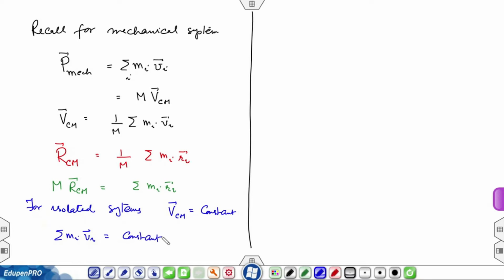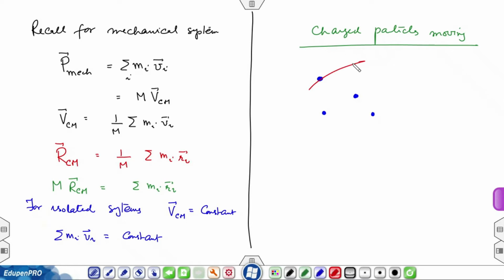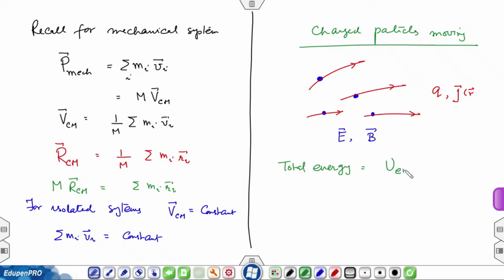Now, what we want to do is do exactly the same thing with charged particles moving, and therefore, there is a current also. So, here are these charged particles and they are moving, so that I have q, J, and electric field and magnetic field, and the total energy of the system is equal to U electromagnetic plus U mechanical. I am using U because books use it.